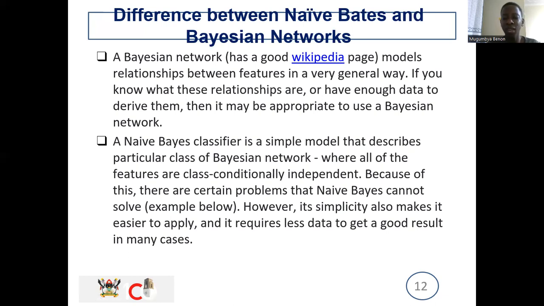So naive Bayes is based on probability and Bayesian theory. The basic difference between these two is that naive Bayes is a predictive model, whereas the Bayesian network is a graphical representation.